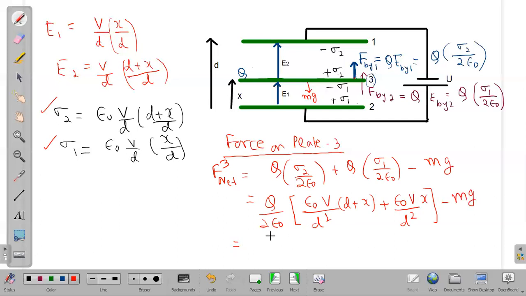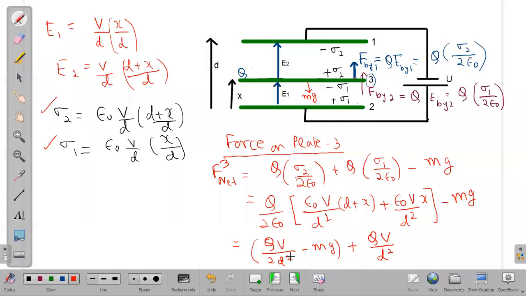After simplification, if you simplify these factors and bring the similar terms in one bracket, then I will get qv over 2d square minus mg as a constant term, and then you will also get one more term as qv over d square into x, since d plus x and x combine with q by 2 epsilon 0.